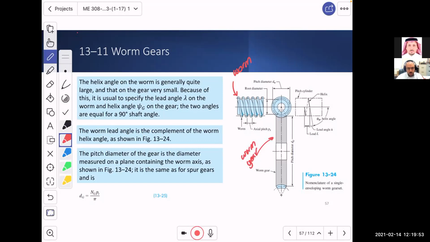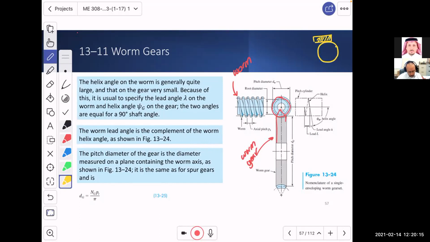Now, the worm and the worm gear come and get engaged in this fashion. This is the worm, and this is the worm gear. Do you recall that? So from the side, they are like this. This is the gear, and this is the worm.